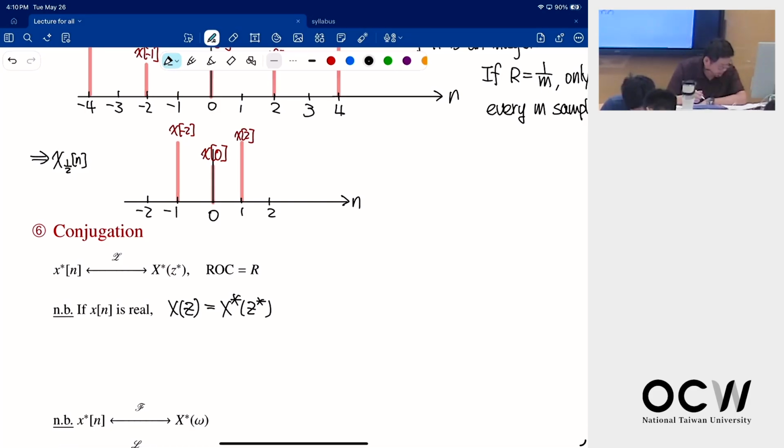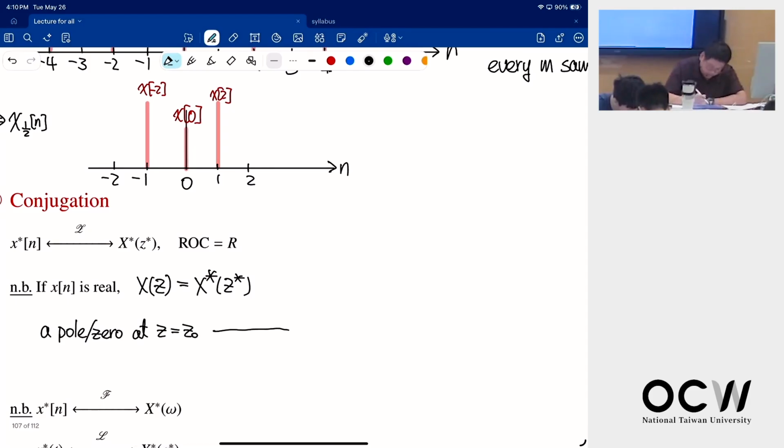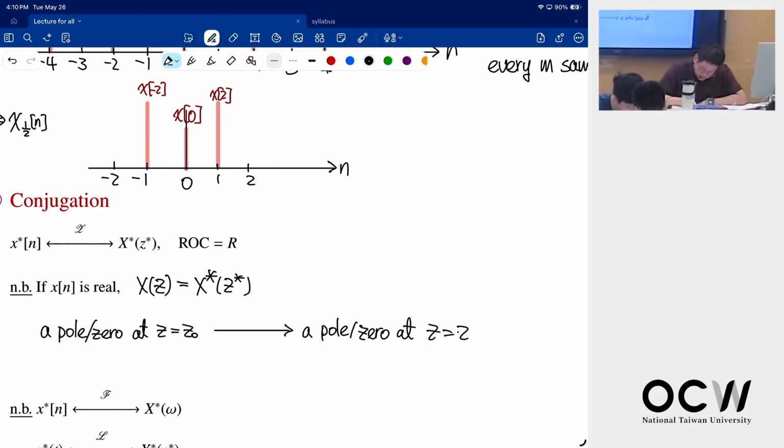If I have a pole or 0 at z naught, then we'll have a pole or 0 at z equals z naught conjugate.